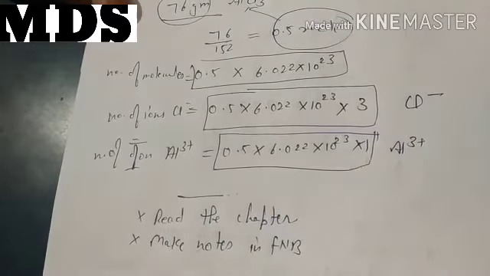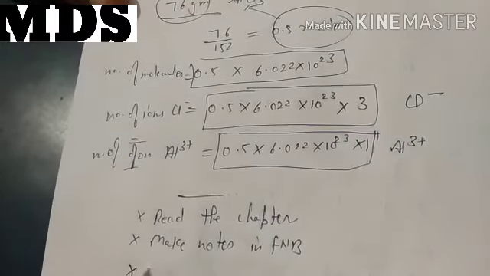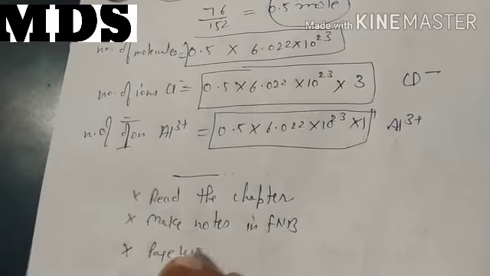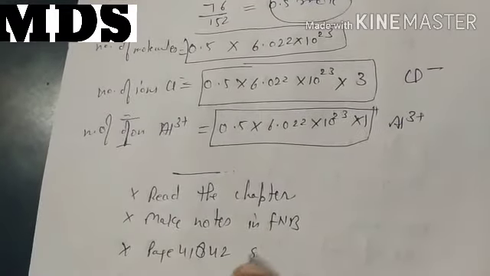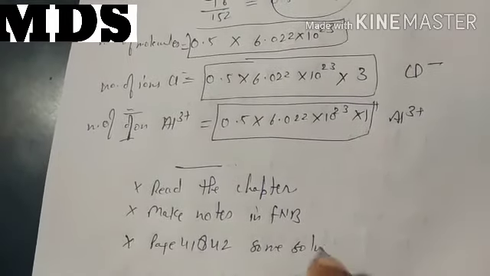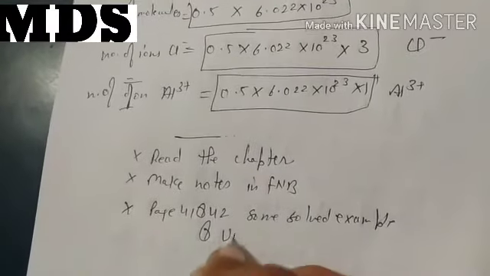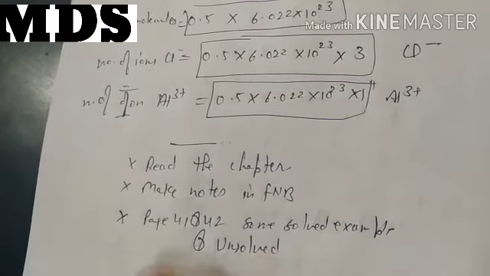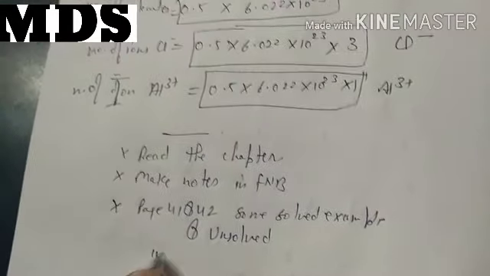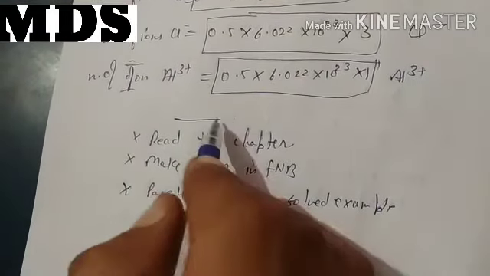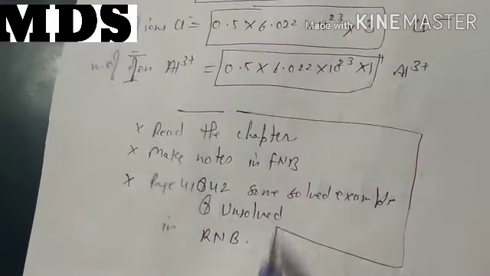Third thing you will perform today is on page number 41 and 42, some solved examples on mole concept and unsolved ones as well. You will do that in a rough notebook. Okay, so this is your homework.